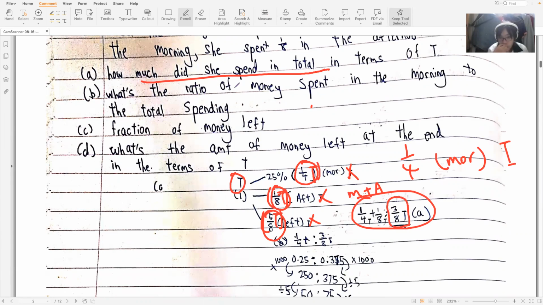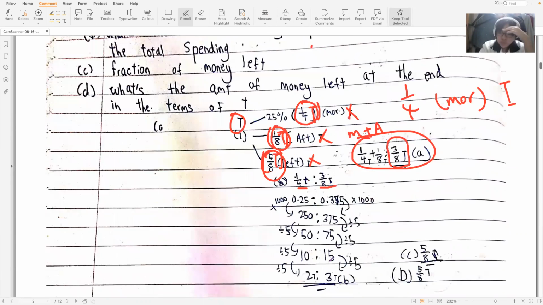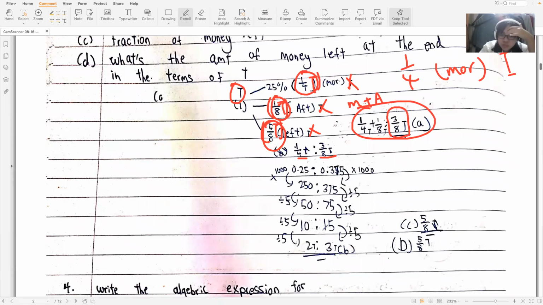Next. What is the ratio of money spent in the morning to the total? The morning is 1/4 T, and the total is this. So how much do you get? The answer is 2T to 3T. Am I right?